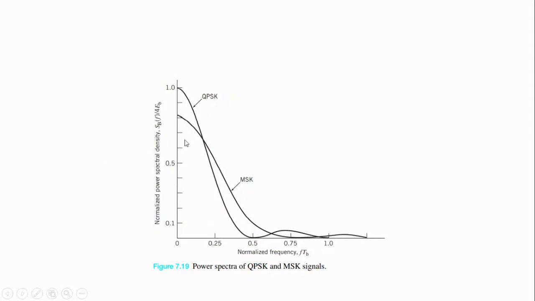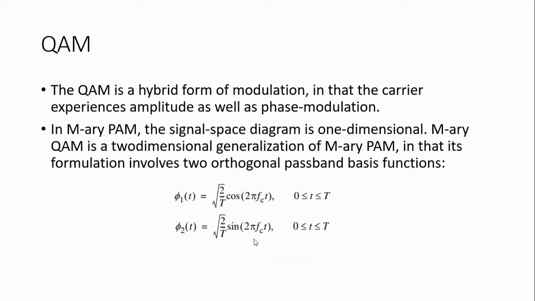This QPSK power spectral density is symmetric about the vertical axis, and the power spectral density is equal to 0 at every multiple of 1/T. QAM is a hybrid form of modulation that experiences both amplitude modulation and phase modulation.